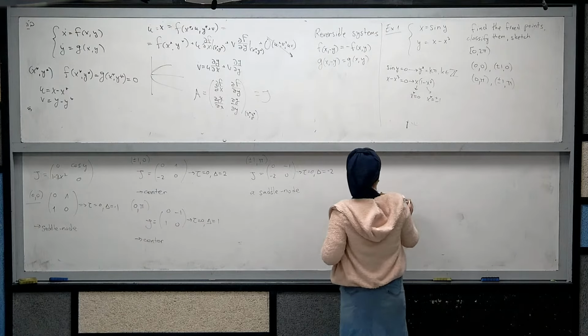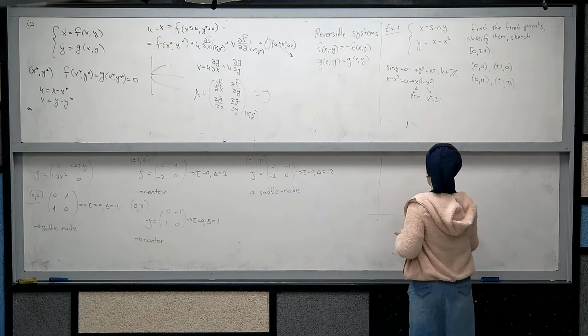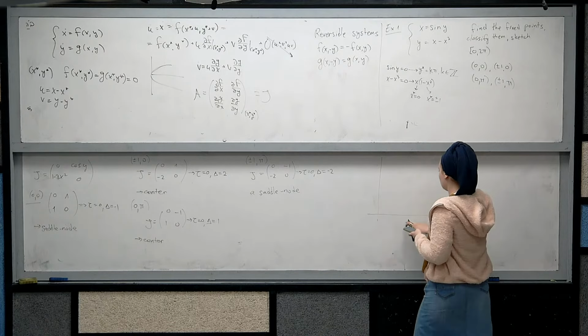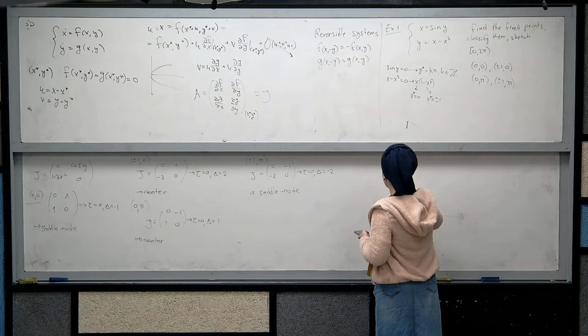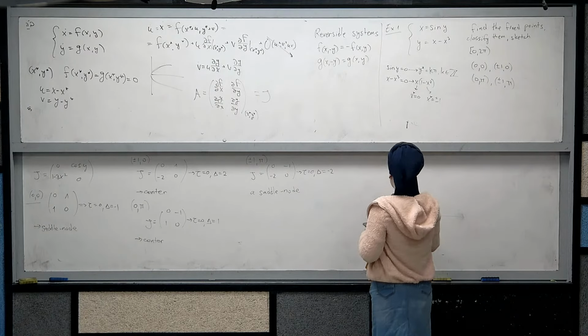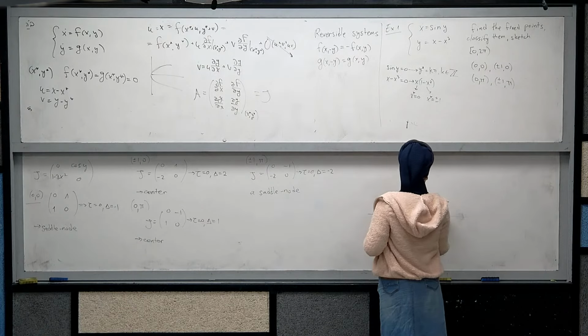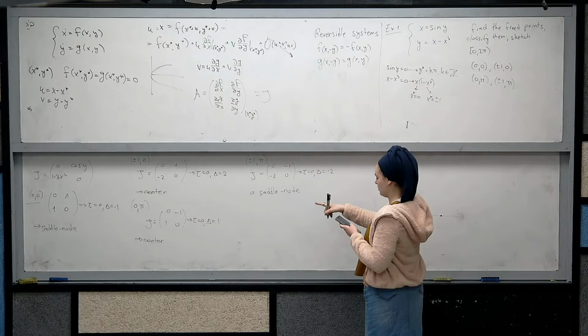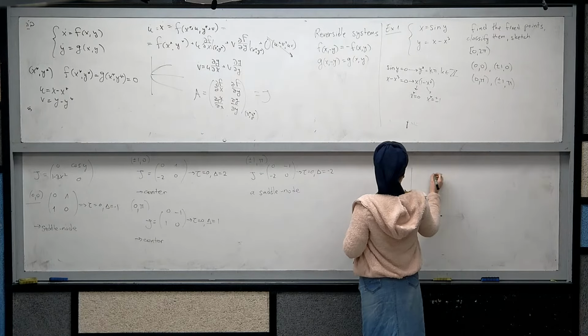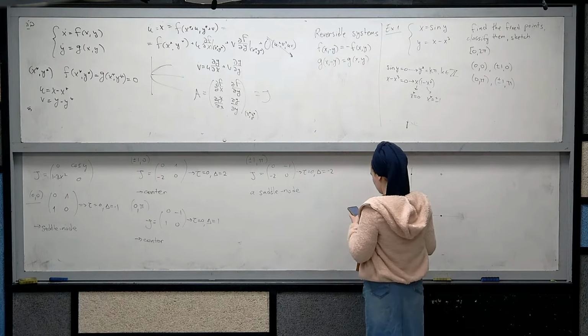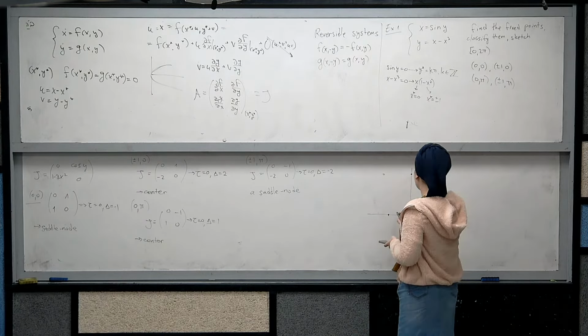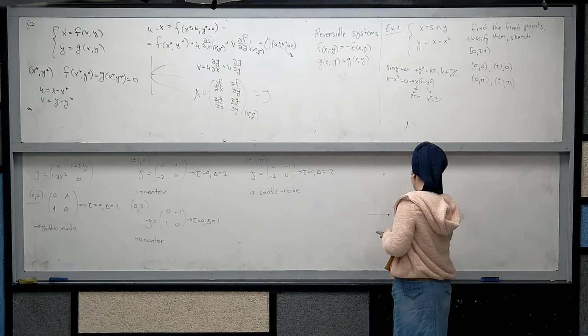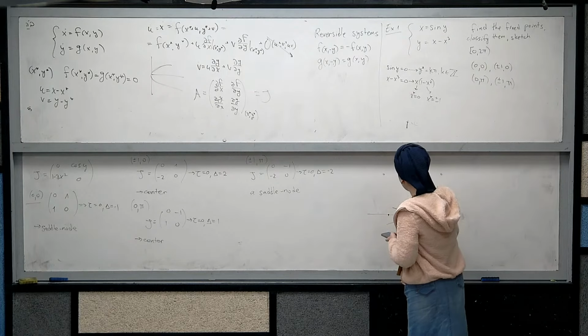Okay, so let's see. At (0,0), we have a saddle node, right? At 0 and plus minus 1, and at pi plus minus 1, saddle nodes, and also in this one. So the saddle will go like this, right?